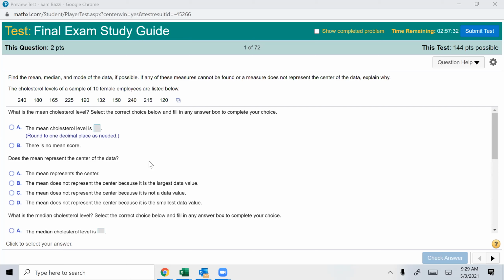Let's say it turns out to be 120, the smallest value, then it won't be. But if it turned out to be like, let's say 175 or 180, close to what the mean and the median were, then you say, yes, it is a representative of the data set. But if you notice that it is on the extreme side, the lowest or the largest, then it won't be. Okay, let's go to the next question.